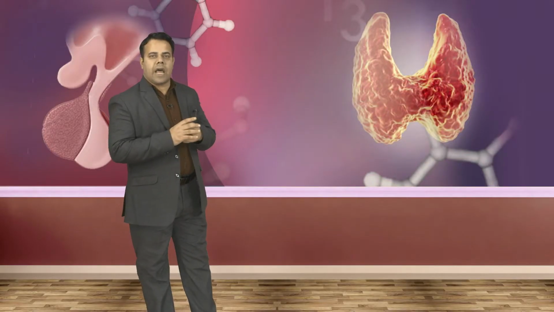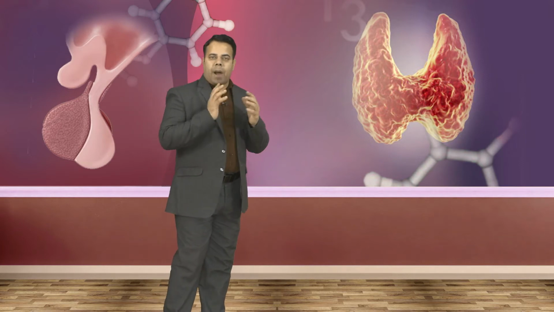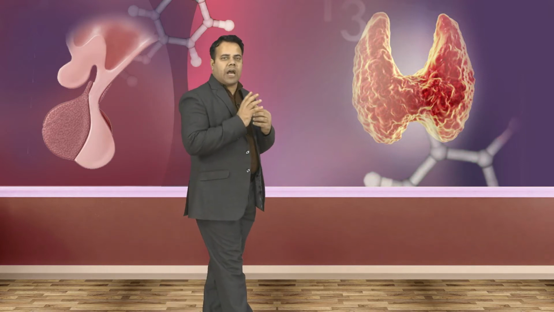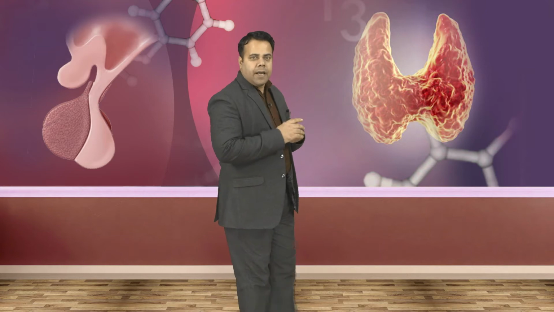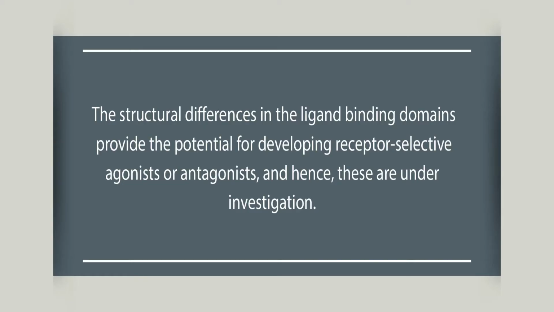Thyroid hormones like T3 and T4 bind with similar affinities to TR alpha and TR beta. However, structural differences in the ligand binding domains provide the potential for developing receptor selective agonists or antagonists, and hence these are under investigation.